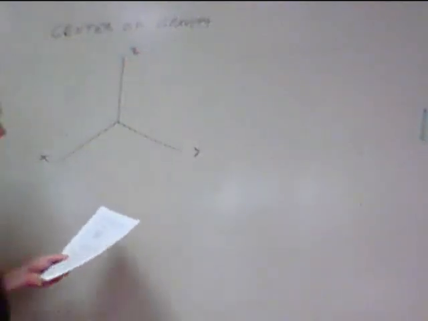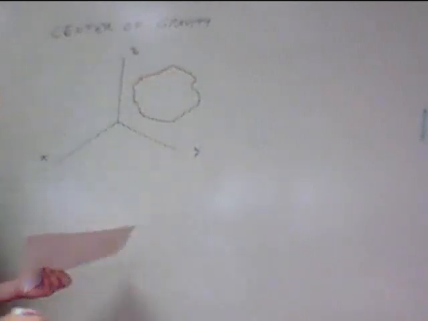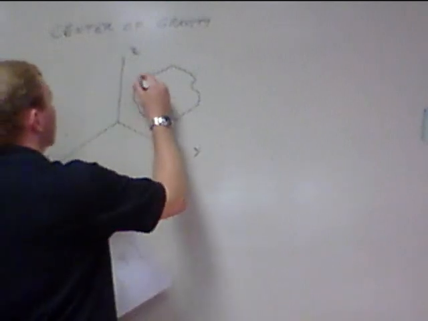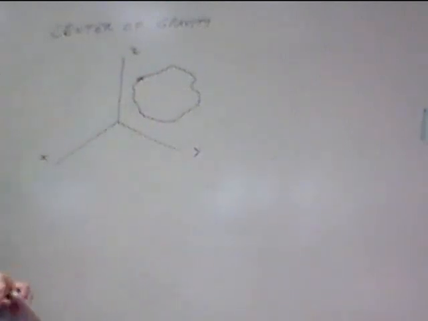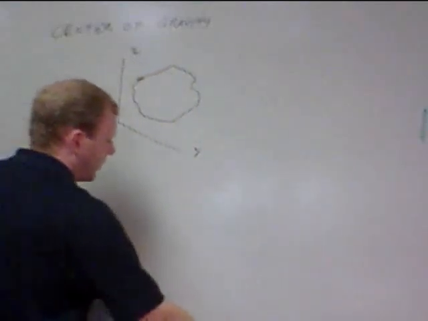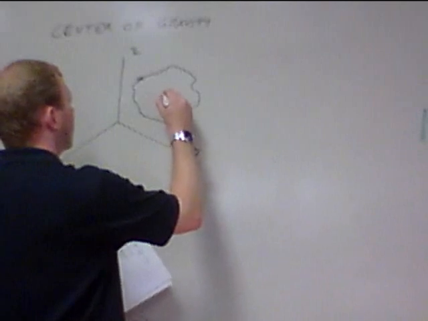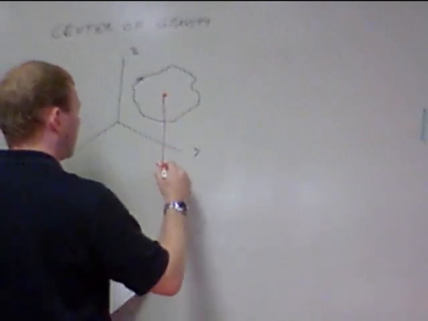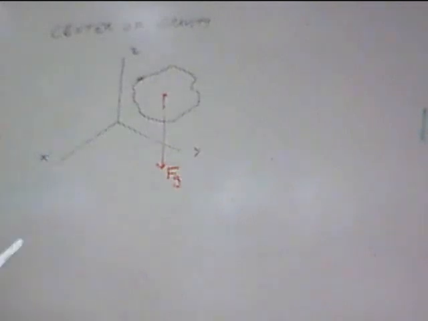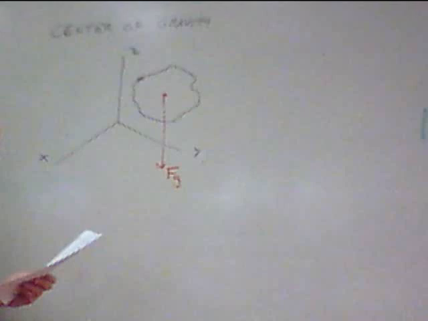Now we're going to deal with this random blob-shaped rigid body. We're going to make this closed, so it is a solid object in three-dimensional space. We want to replace this with a single point force that represents its weight, and we need to know where to apply that.